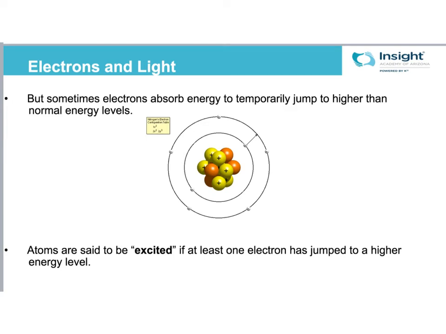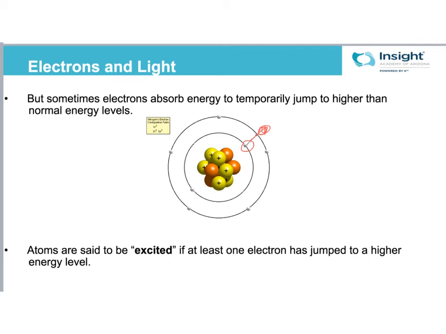An excited electron is when we've got this guy here and it jumps up to the next orbital. So it's higher than it should be, so it has more energy than it should be. We can use that energy to push it to a higher orbital.